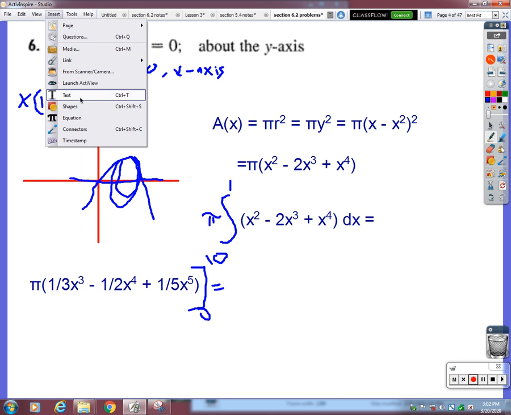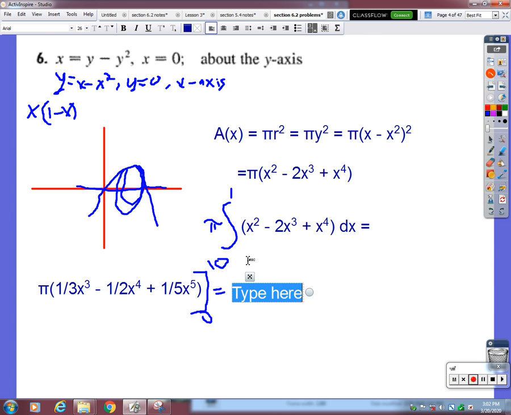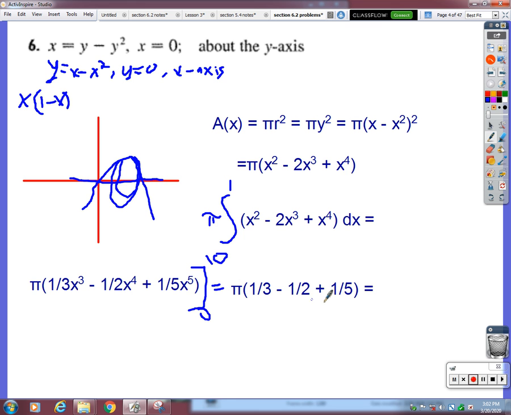So if I plug that in, then I get pi times, if I plug 1 into there, I get 1/3. If I plug 1 into there, I get 1/2. And if I plug 1 into there, I get 1/5. And so what is 1/3 minus 1/2 plus 1/5? Well, I feel like the common denominator is going to be 30.